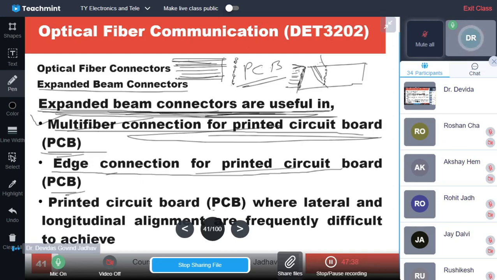Then the printed circuit board, where the lateral and longitudinal alignments are frequently difficult to achieve.